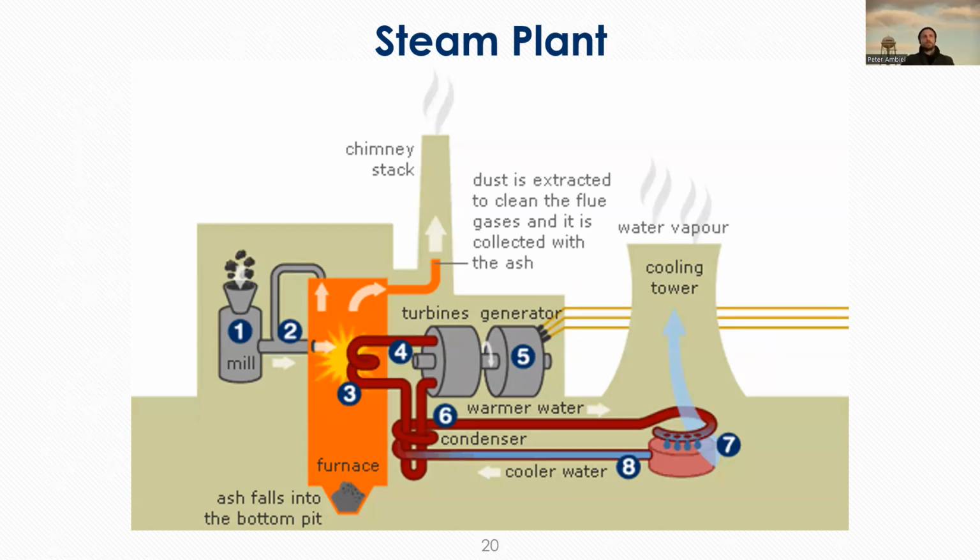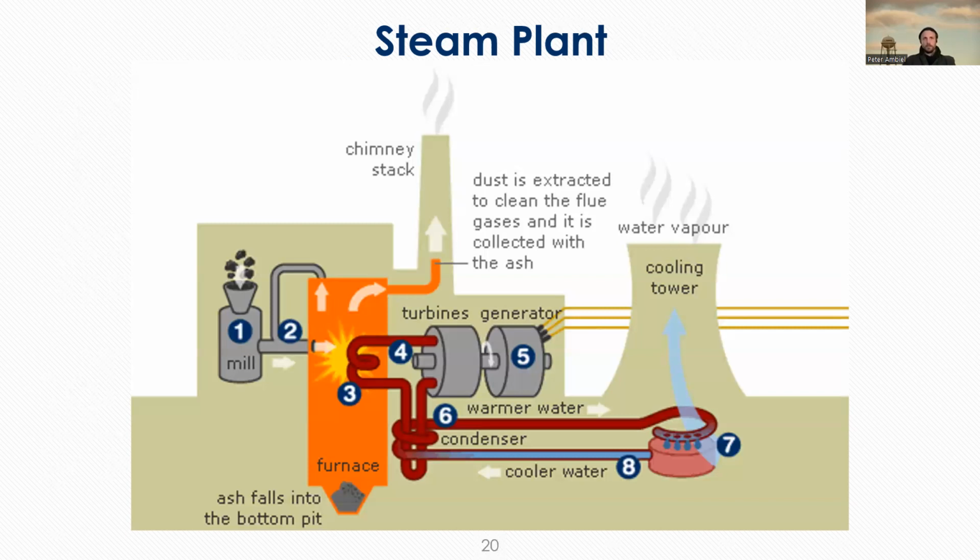Sometimes these will be connected directly with the railway, where a rail car is going to come by to the plant and it opens the bottom up and drops all the coal directly into these mills that then crush down the coal into a powder. That increases the surface area, which allows for better combustion to happen. And so as the coal gets passed into the furnace, this allows you to combust it.